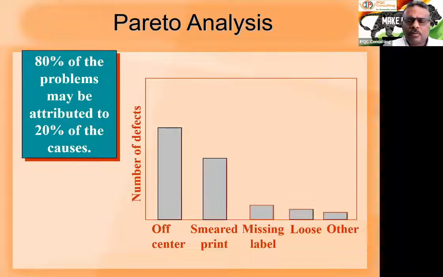So when you get information about the defects, on the basis of number of defects, you arrange them in descending order and calculate the percentage contribution of each defect, and then calculate the cumulative contribution to the total defects, the cumulative percentage error, and then you map that on a simple bar chart to plot it.